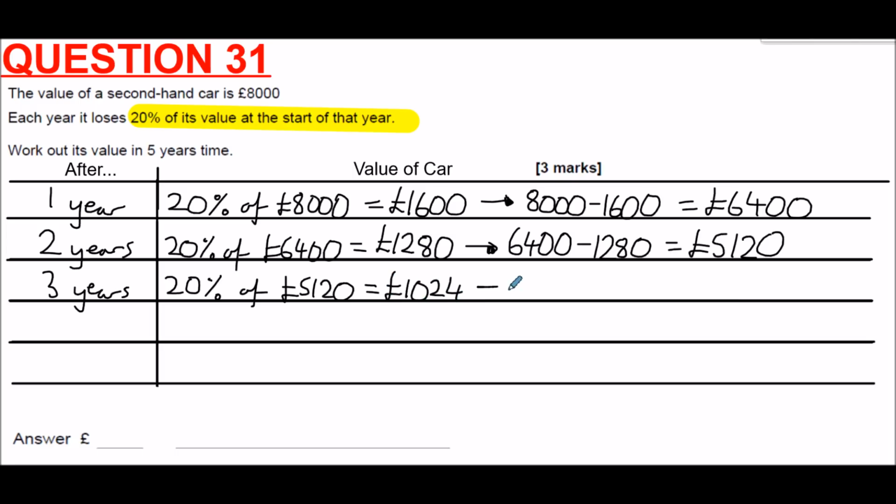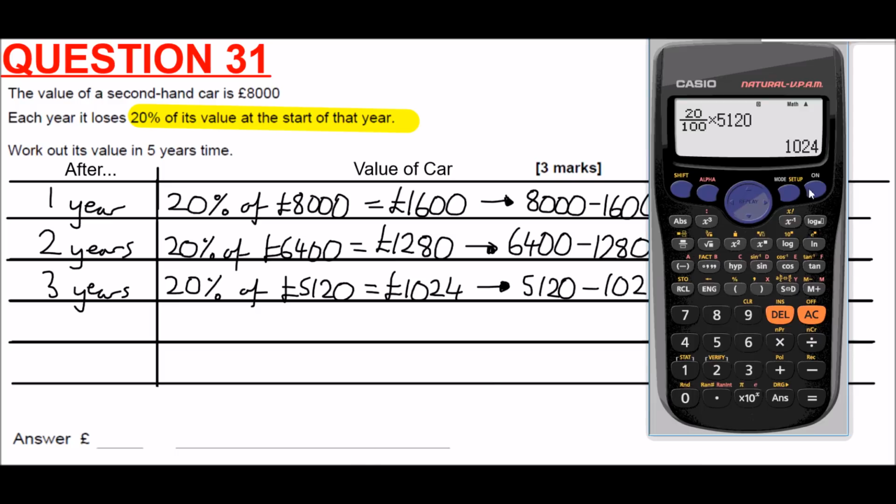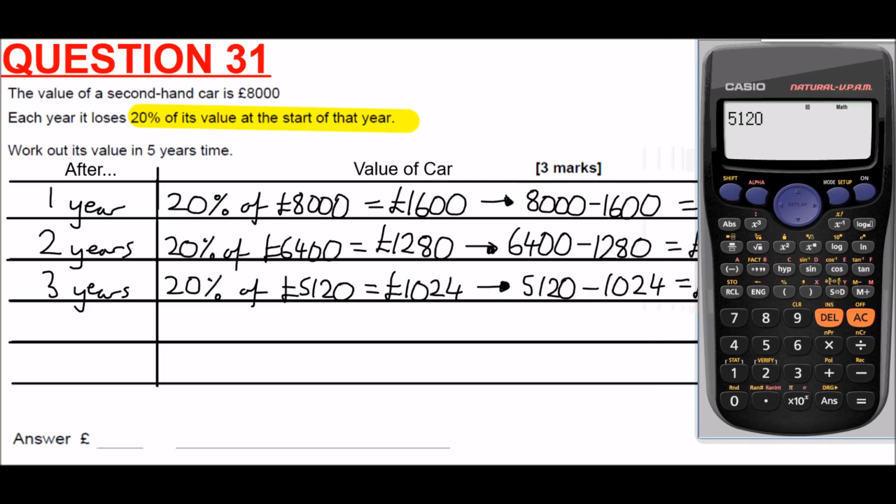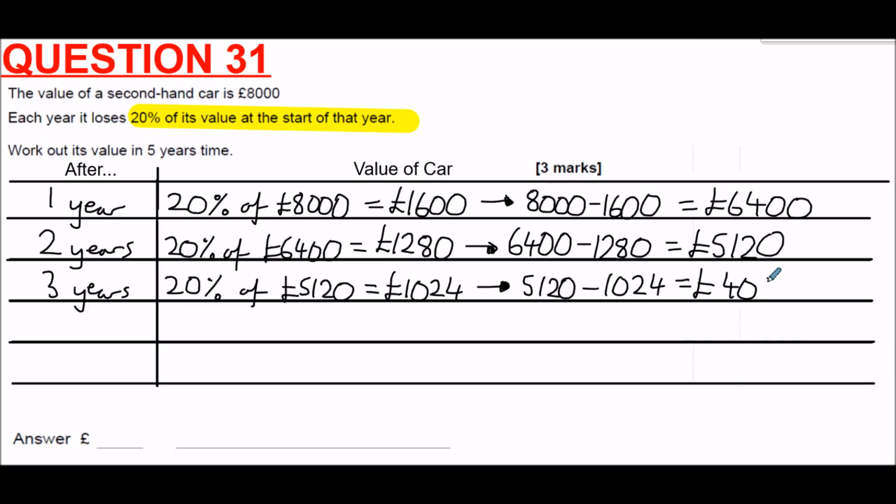So that's the value it loses in year 3. So we then take away 1,024 and see what's left. What you should find is that it's 4,096.